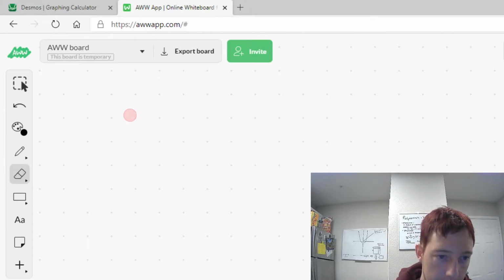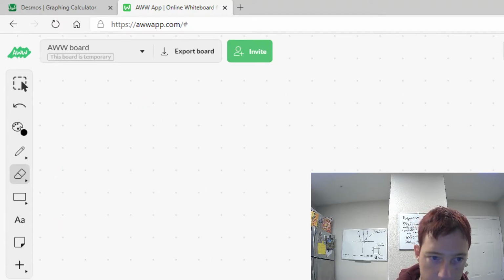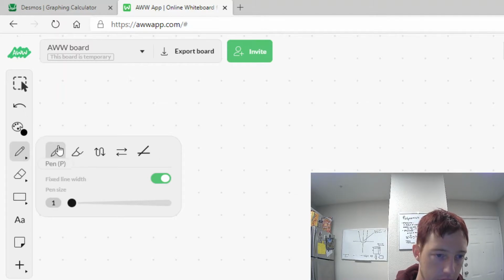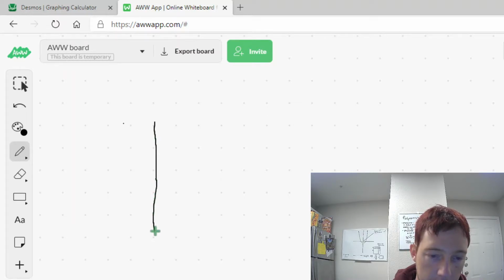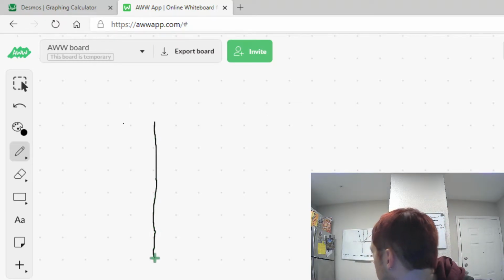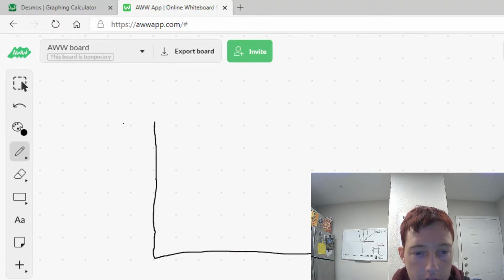So let's start by drawing a really strange house, okay? Make kind of a cube shape here.